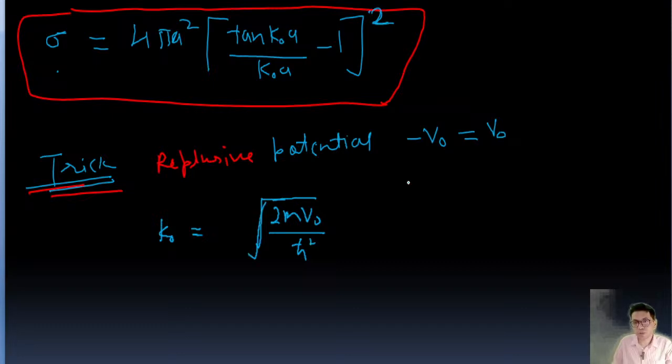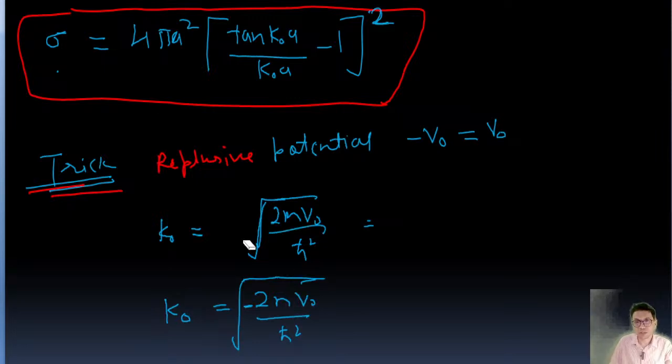That is the value of K naught. If it's an attractive potential, then this is going to have a minus sign.